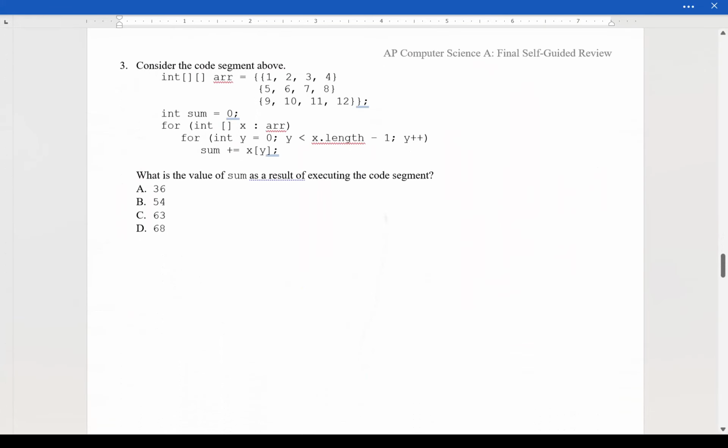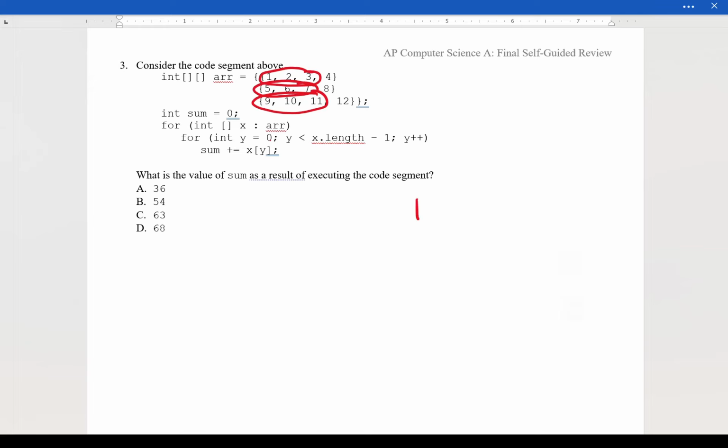Let's take a look at number 3. So it's a 2D array that I'm going through. This is meaning for every row in my array, I'm going to go row by row, starting at 0 in that row, going to, but not including, the last guy. So I'm actually going to be doing this, and this. And it looks like I'm just summing up those numbers.